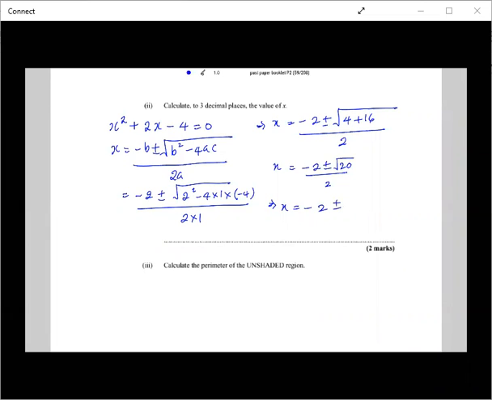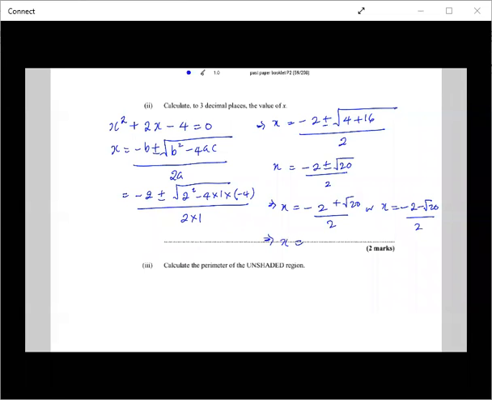Let's not find the square root of 20 yet. X is equal to minus 2 plus the root of 20 over 2, or x is equal to minus 2 minus the root of 20 over 2. Now we're going to put this in our calculator.